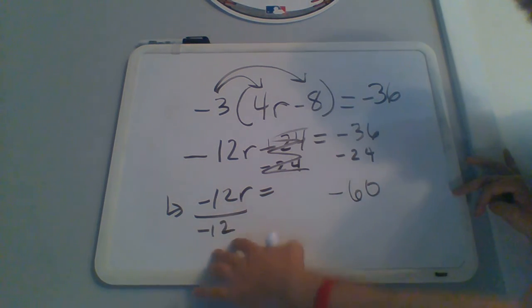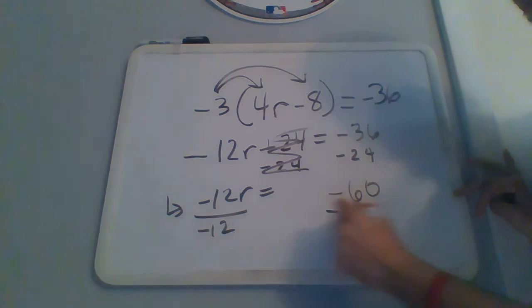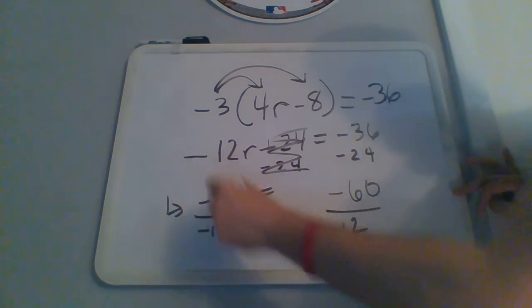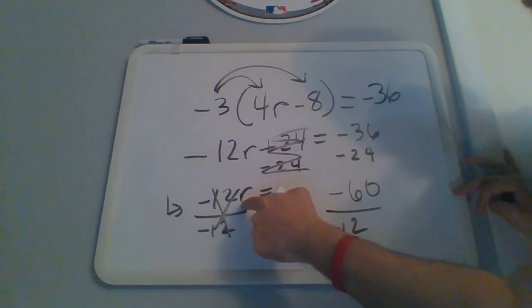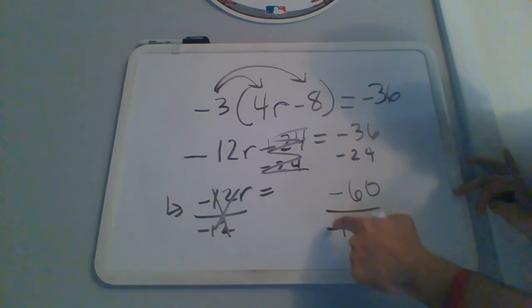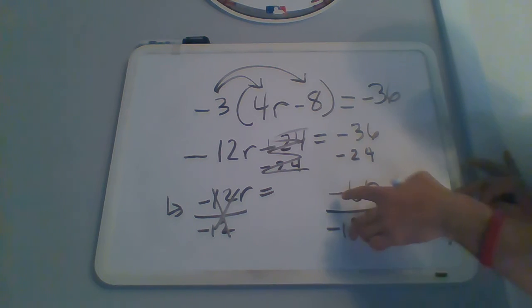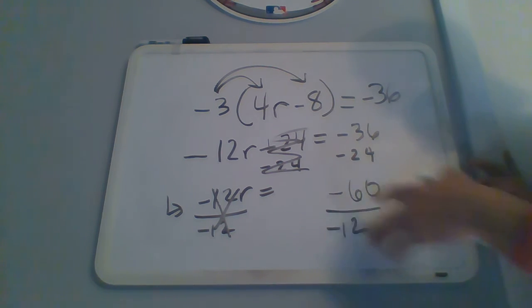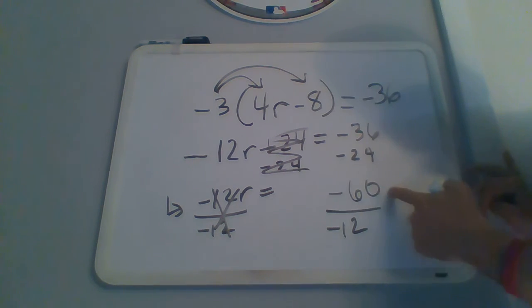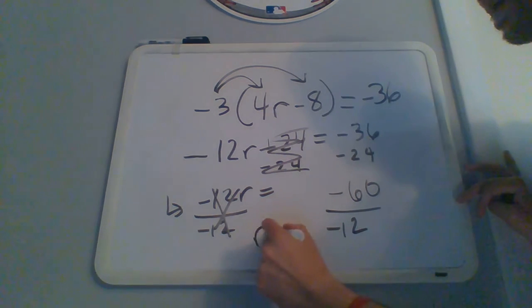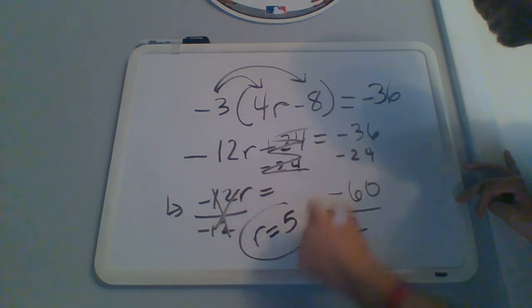We have to divide to cancel it out, and we do that to both sides. Negative 12 divided by negative 12 is going to cancel out, which leaves us with r equals negative 60 divided by negative 12. A negative divided by a negative, if the signs are the same, it becomes positive. Negative 60 divided by negative 12 is 5. So r equals 5.